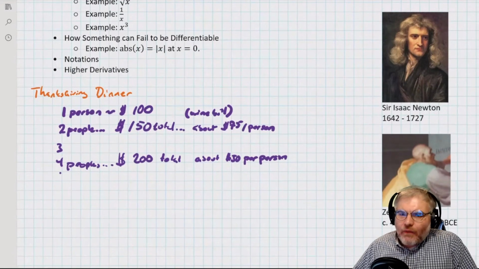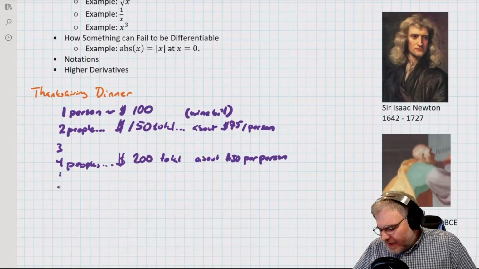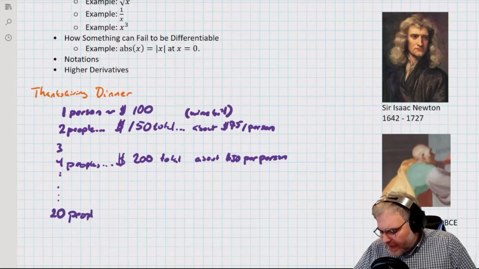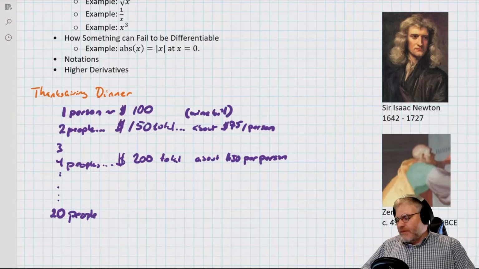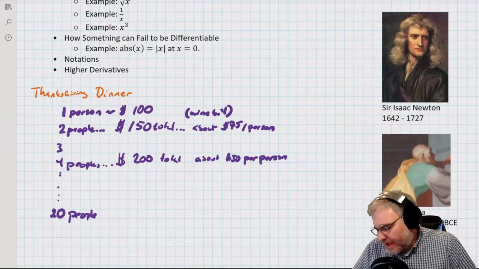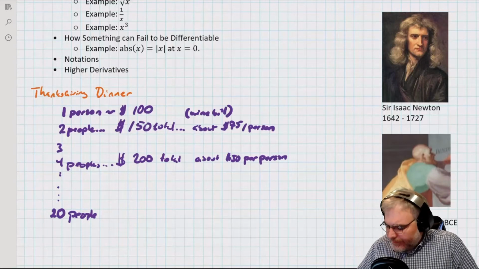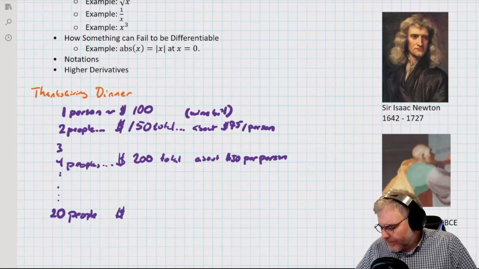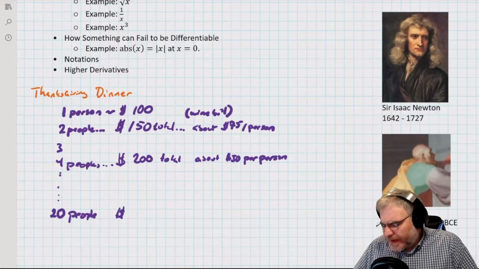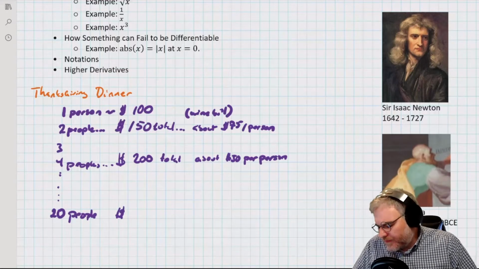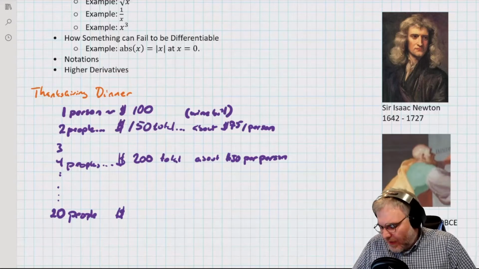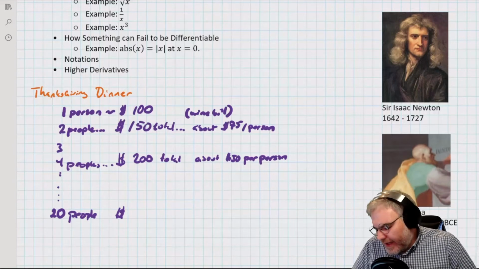And what's the point? Well, when I start getting down here to 20 people. If I'm inviting 20 people for Thanksgiving dinner, how much are we spending per person? Well, $20, right? I mean, it's a lot of money. But we're spending a lot less per person because I'm frying a couple turkeys and doing a whole bunch of other things.